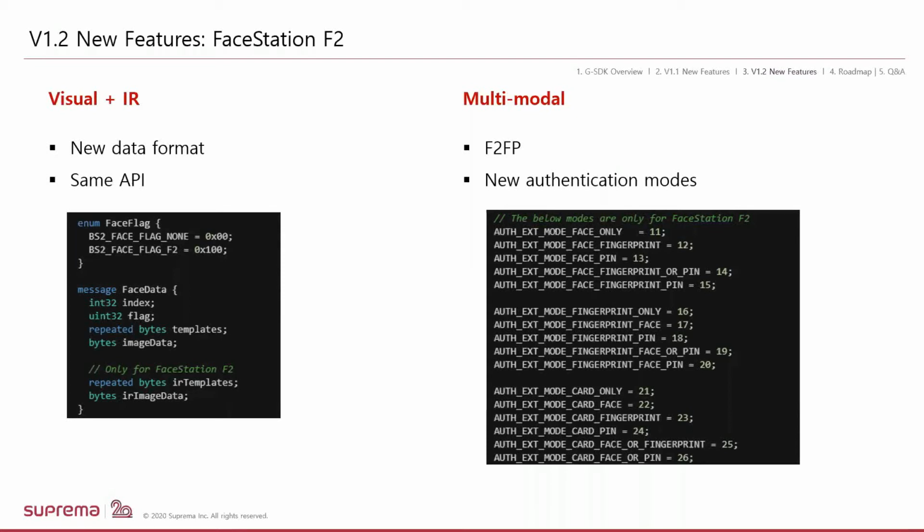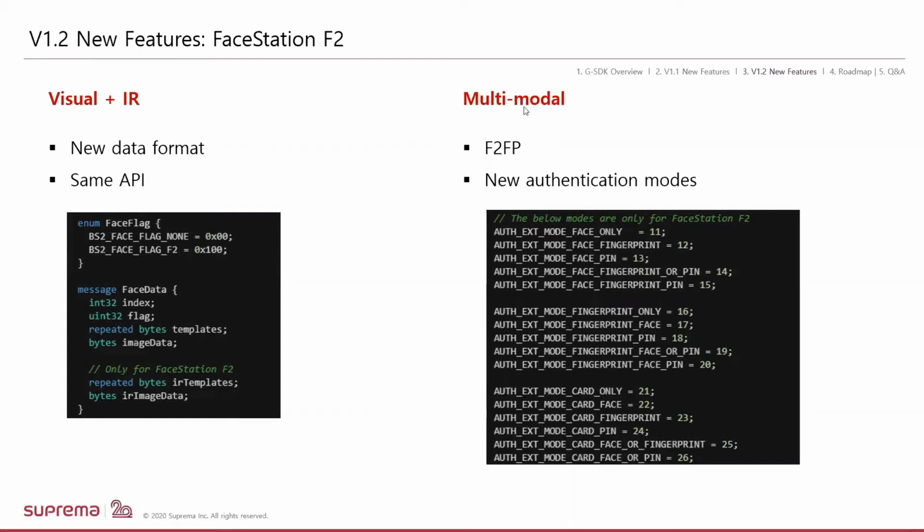But unfortunately, from the developers' view, the template formats are not compatible with the old ones used by FaceStation 2 and FaceLite. So as you can see, I had to add some new data fields to our data structure. But you can still use the same API. The scan API can be used, and the internal differences are handled by the device gateway itself.